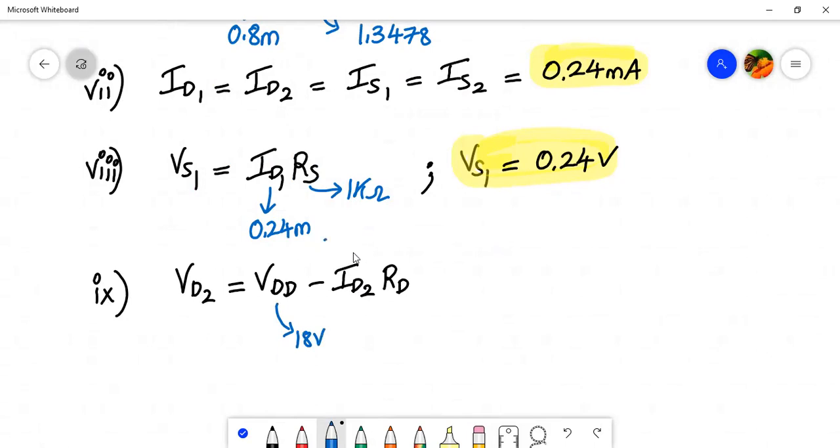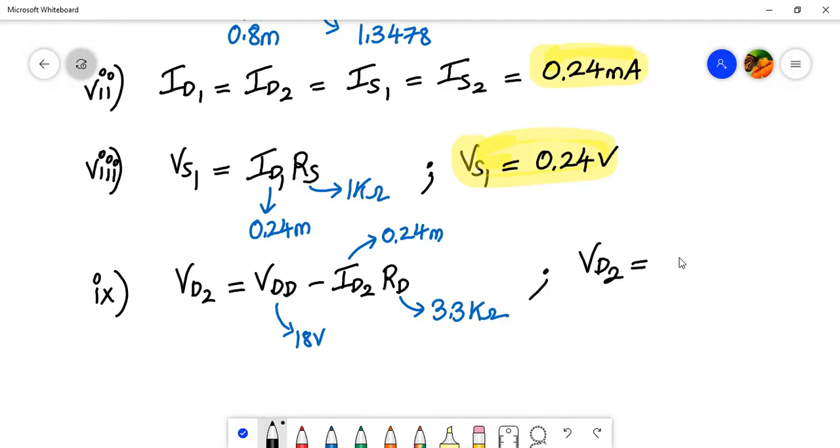ID2 value is the same as ID1, so its value is around 0.24 milli. And the RD value is around 3.3K. So if you plug in all the values in the calculator, you will get the value of VD2, and its value is around 17.2 volt. So we'll highlight this number, 17.2 volt.